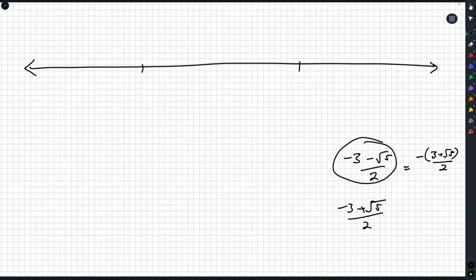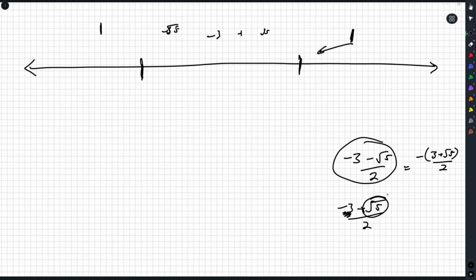Well, root 5 here is being added onto negative 3. Instead of taking it away from negative 3, we're adding a positive amount. So wherever negative 3 is, if you add on root 5, that brings it over to maybe here. If you subtract root 5, that should bring it all the way over here. Then dividing by 2 will maybe move them to here and here.